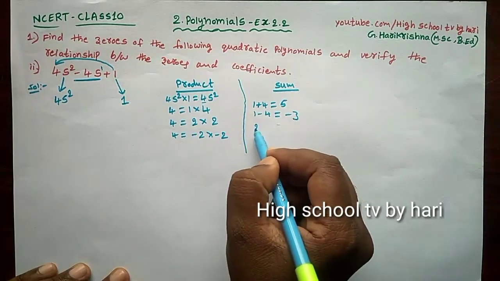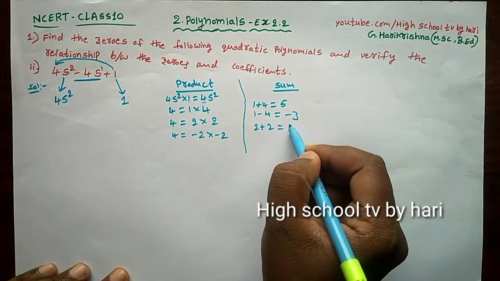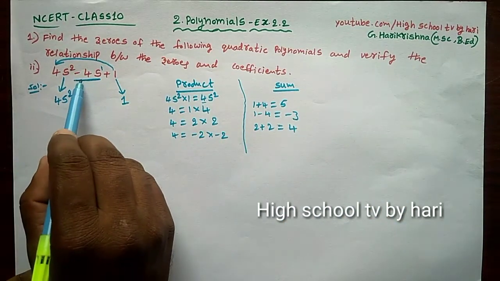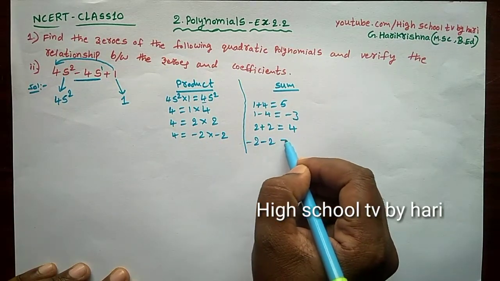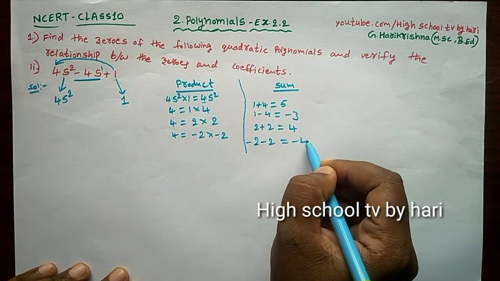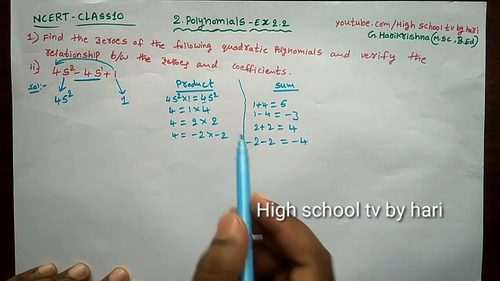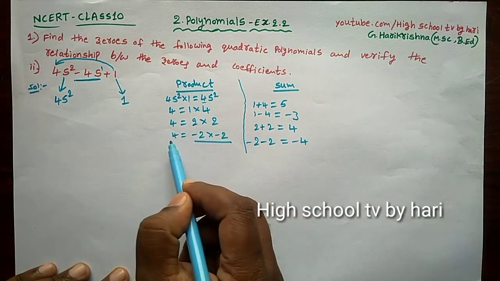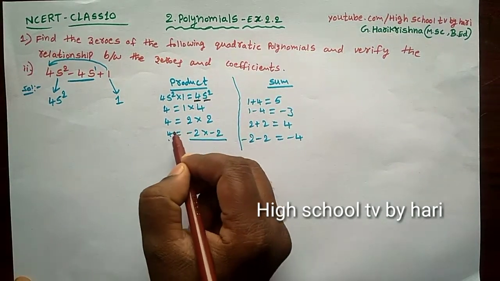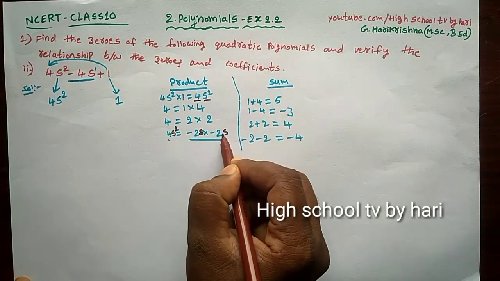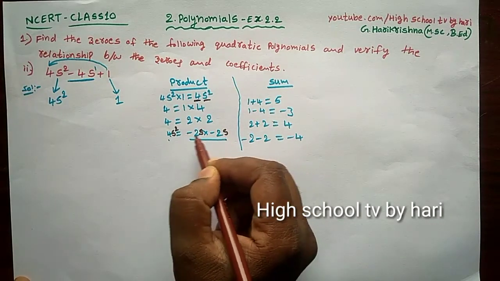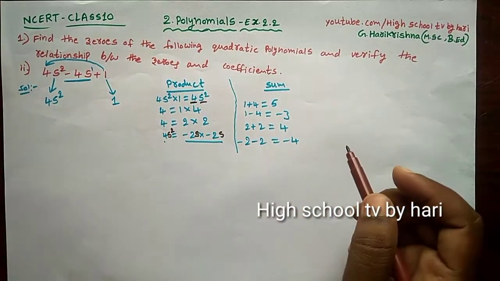So take 2 plus 2. Adding this we got 4, but we require minus 4. So take minus 2 minus 2. Minus 2 minus 2 is minus 4. We are getting minus 4. So the product of these two integers is 4s square: minus 2s into minus 2s is 4s square.